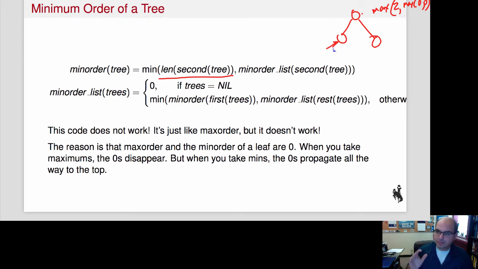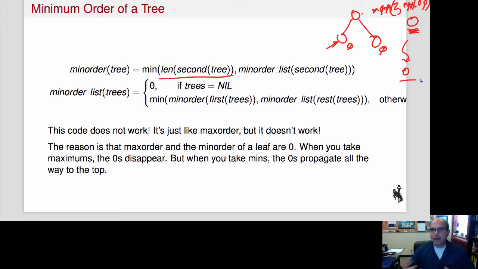I'm sorry, the minimum. Minimum of 0 because that's the length of the children, and the minimum of the height of each one of those. So that's just going to return 0. This is going to return 0. Okay. So this becomes the min. Okay. The min of 2 and 0. And that value, of course, is 0.